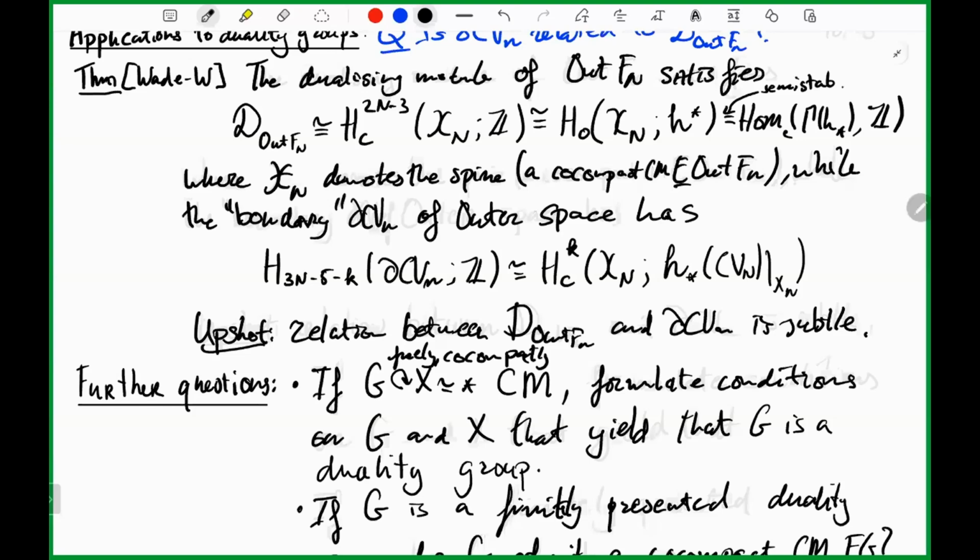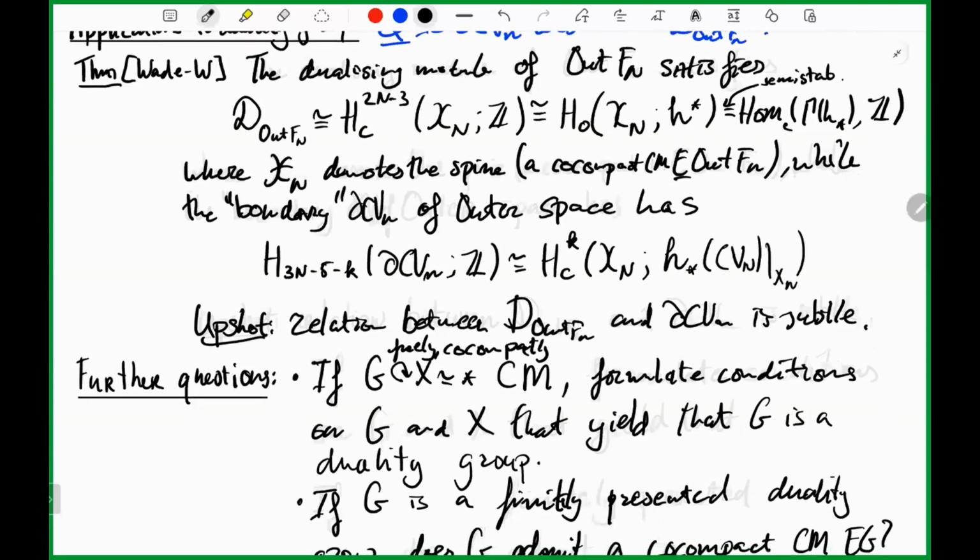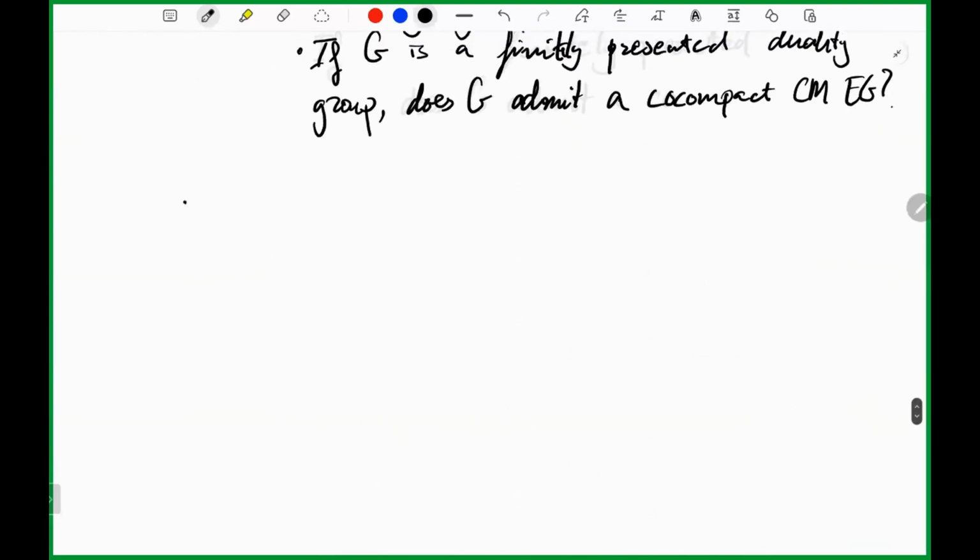What is an easy non-example of a duality group, an example which doesn't satisfy it? One example is to take two tori wedged together. Could you explain the reason why?